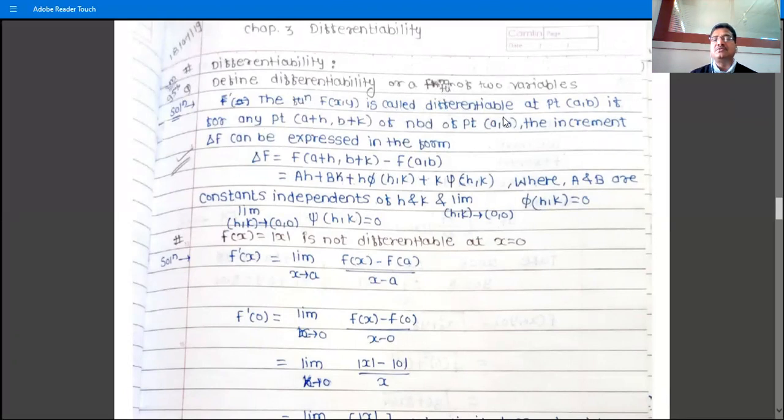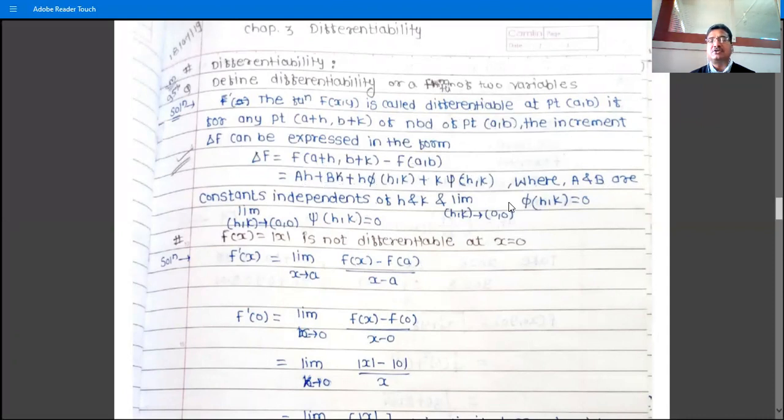So the function f(x,y) is said to be differentiable at point (a,b) if for any point (a+h, b+k) in the neighborhood of point (a,b), that is, the neighborhood of the point (a,b) means the set of all nearest points of (a,b), the increment Δf, which is f(a+h, b+k) minus f(a,b), can be expressed in the form ah + bk + hφ(h,k) + kψ(h,k). What are φ and ψ?